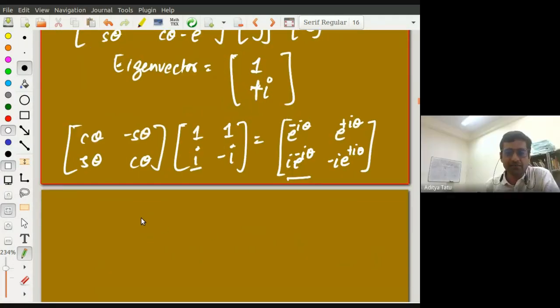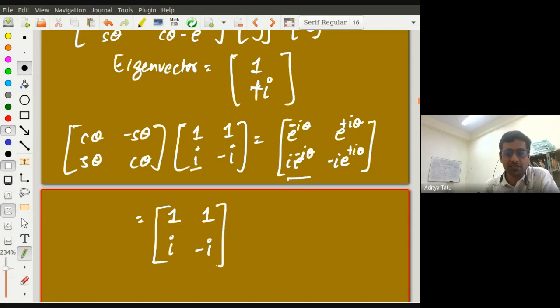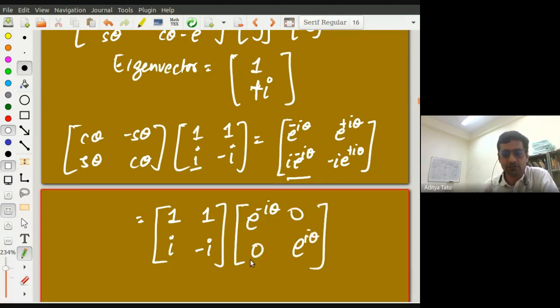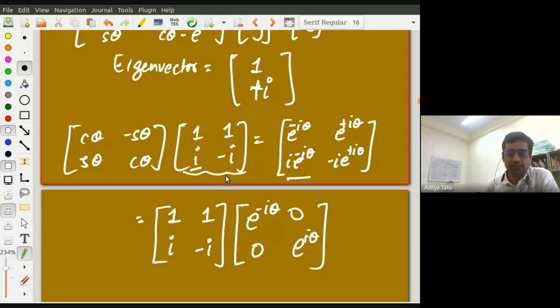So this right-hand side matrix, I can rewrite it in this way also: 1, i, 1, minus i times e raised to minus i theta, e raised to i theta, 0, 0. Right? This is just a scalar multiple of the first column and this scalar multiple of the second column. That is this matrix. I denote this matrix as some capital E. This is also the same as E.